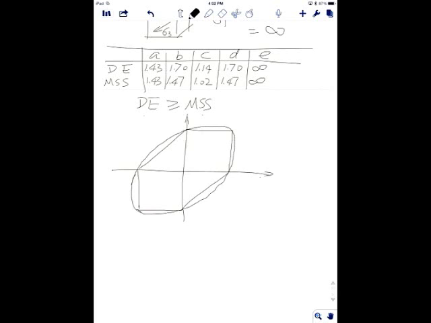This is our baseline. This is what we learned, right? Maximum shear stress in the center, distortion energy on the outside. Now for this specific case, we know at this point they're all 100 kilopascals because SYC and SYT are the same, right? So they're all 100.